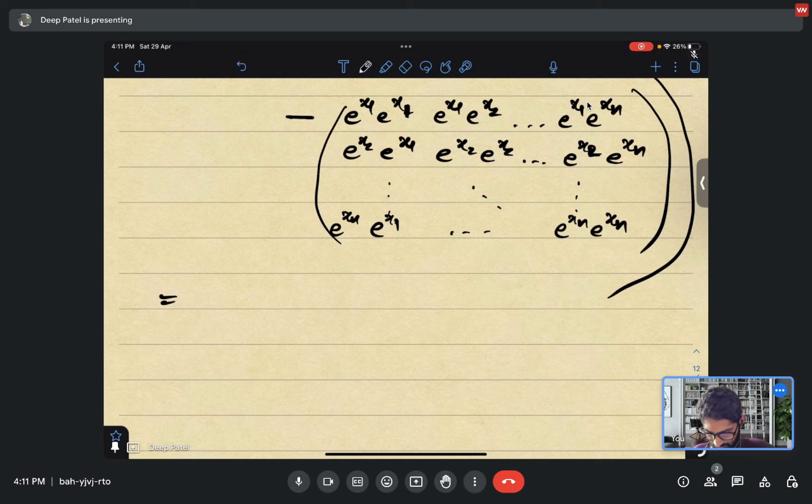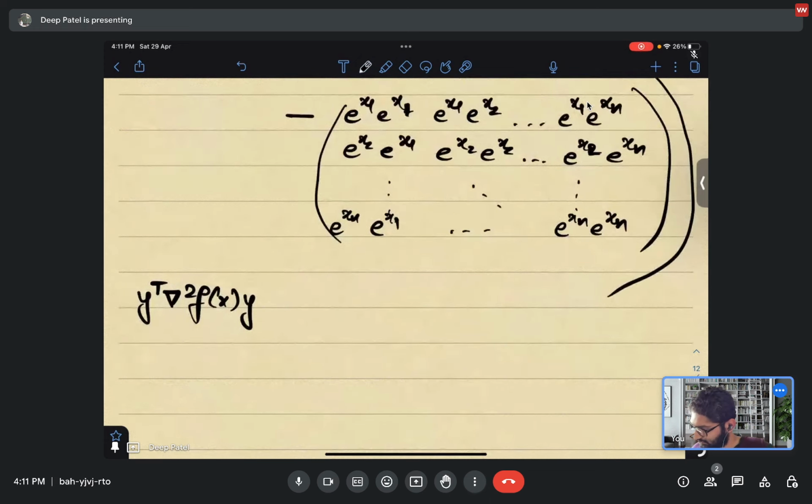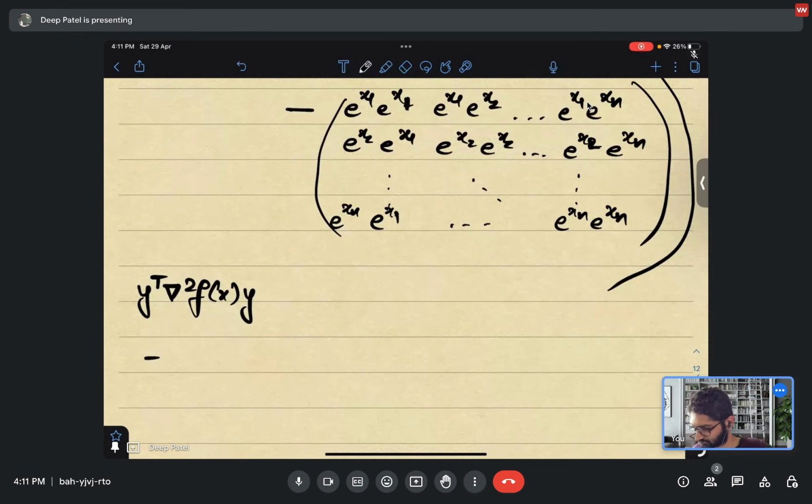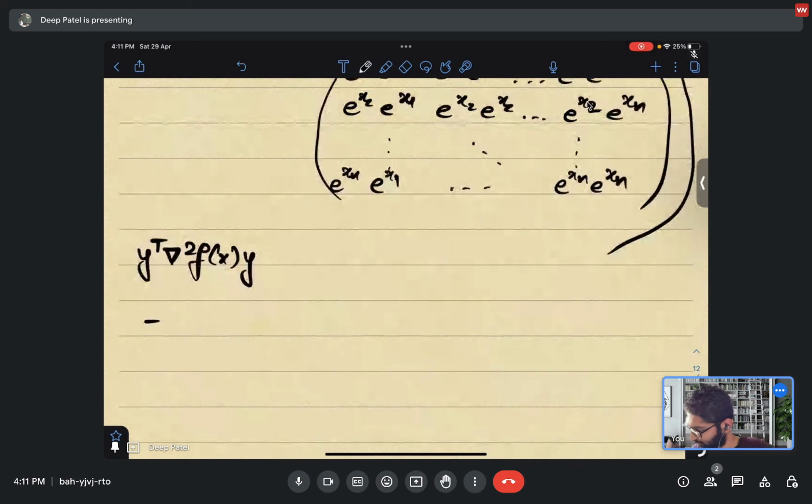So what we'll end up getting is... Okay, I don't even need to do that simplification. I can just directly compute what I really want, which is that I want this quantity, y transpose Hessian times y, to be non-negative. I want to see if that happens or not. So what's the expression?